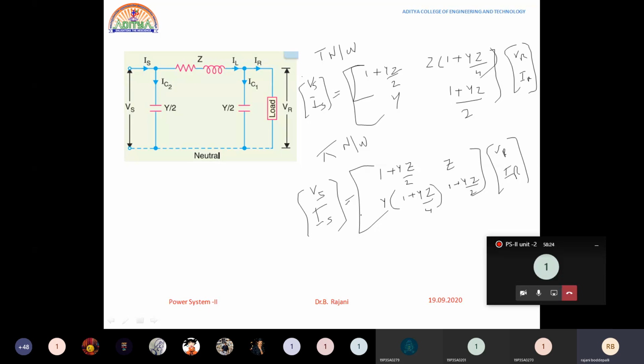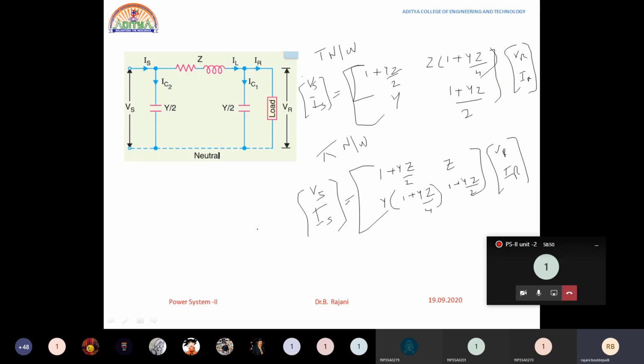The power factor is the cosine of the angle between the voltage and current. The voltage angle minus the current angle, and the cosine of that angle gives you the power factor at the sending end side.